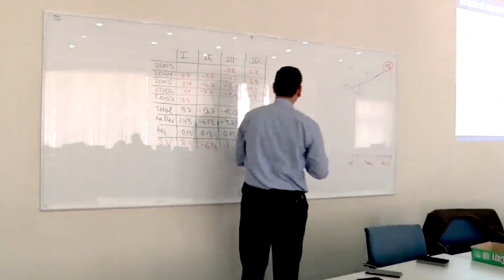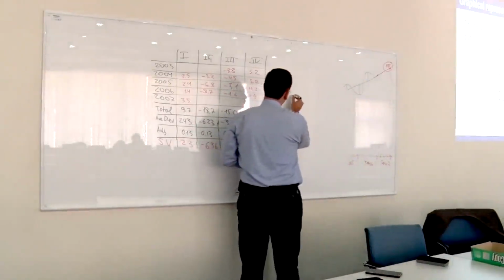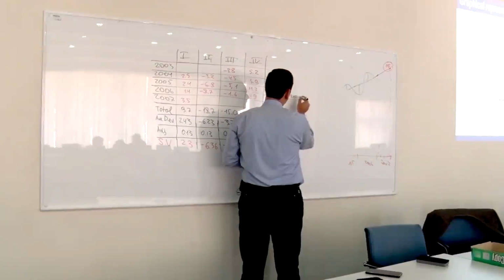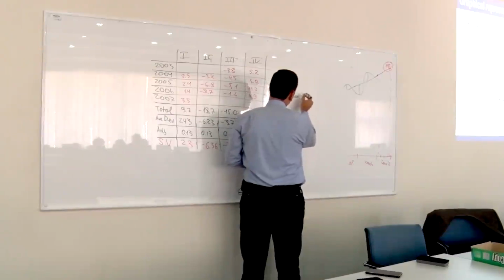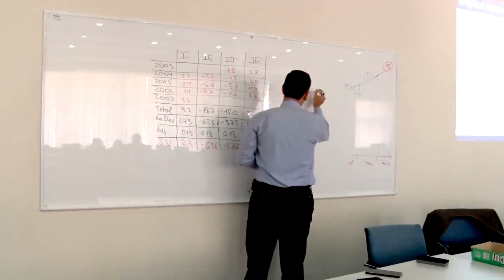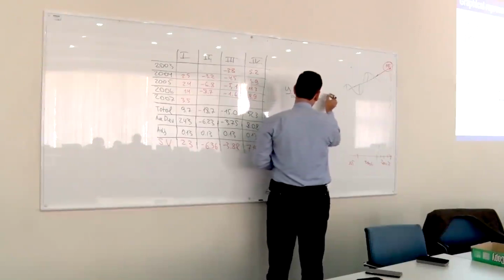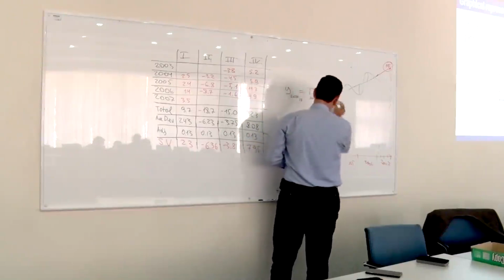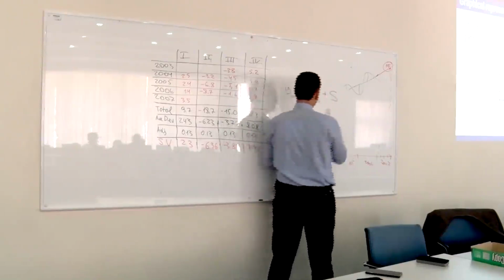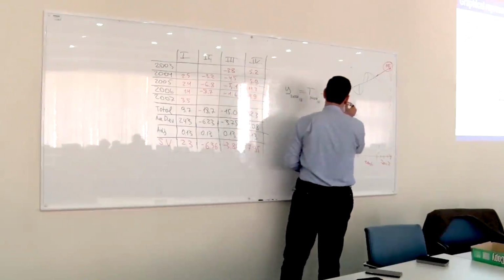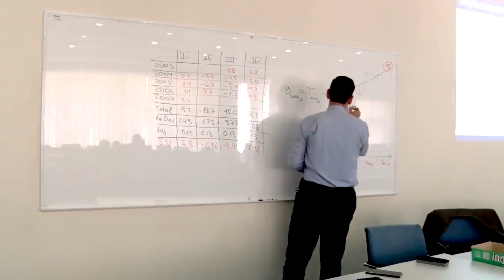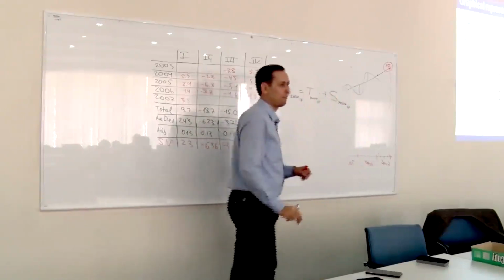So the actual data Y for 2007 fourth quarter is equal to the trend of that year, let's say 2007 first quarter, plus the seasonal variation of this year, 2007, the fourth quarter. Okay?